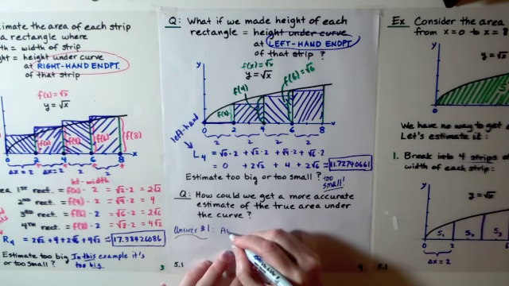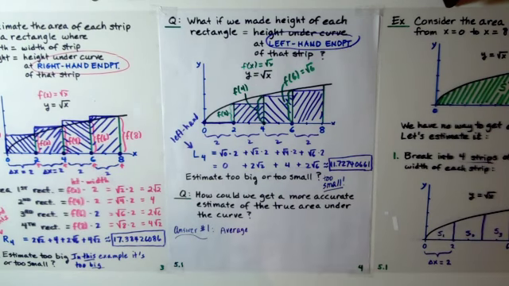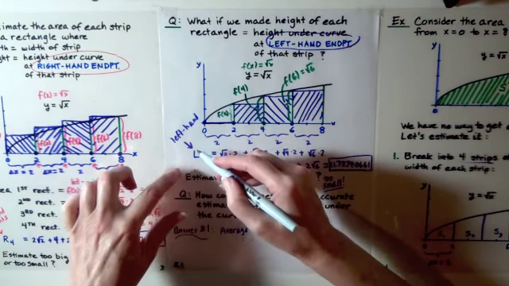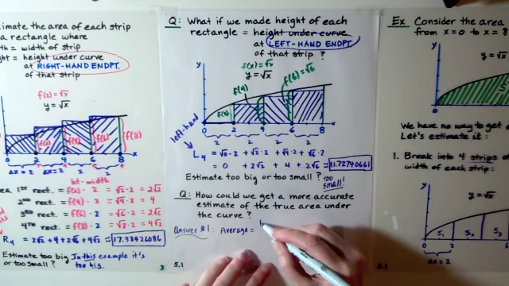Let's find the average of the sum of the right-hand endpoint rectangles and the left-hand endpoint rectangles, and the average would just be equal to R sub 4 plus L sub 4.